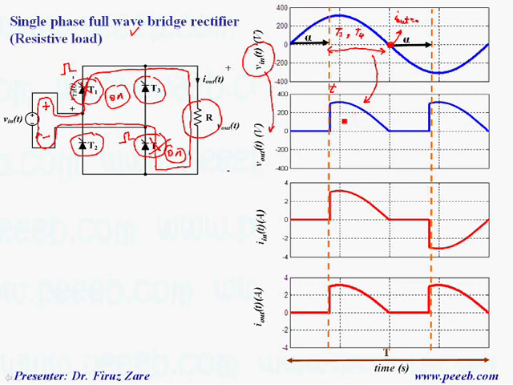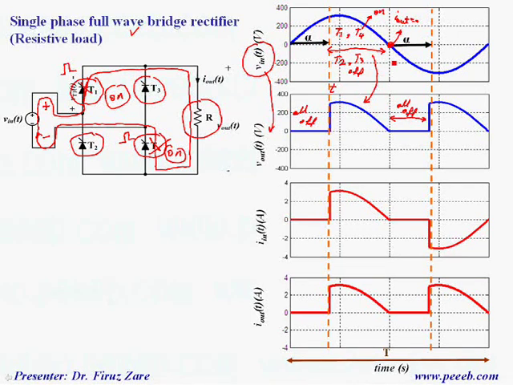So in this case, T1 and T2 are on, but T2 and T3 are off. Here all are off, and here again, because we turn off T1 and T4, all thyristors are off.